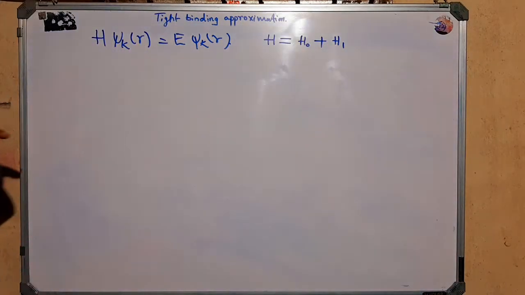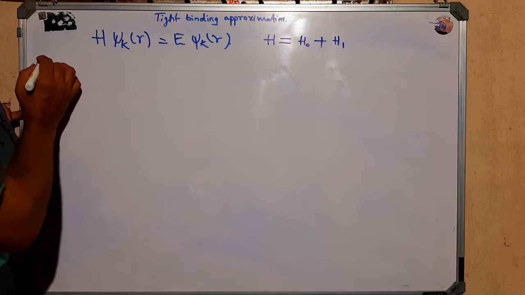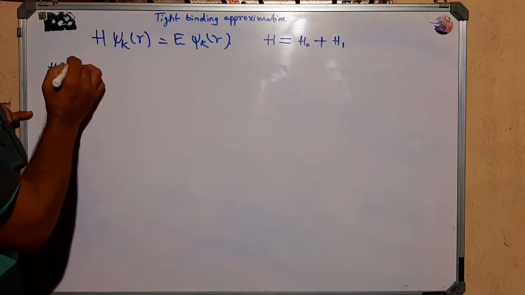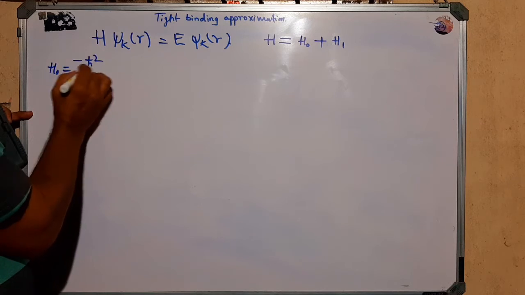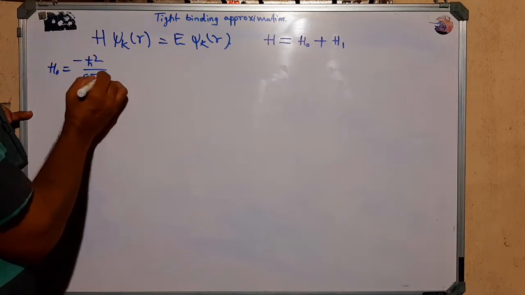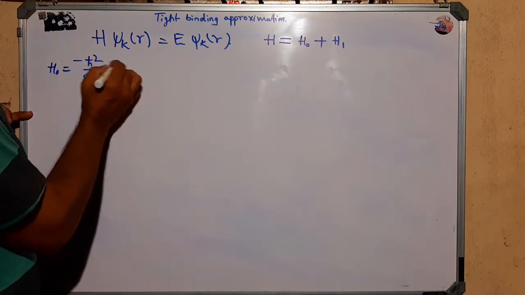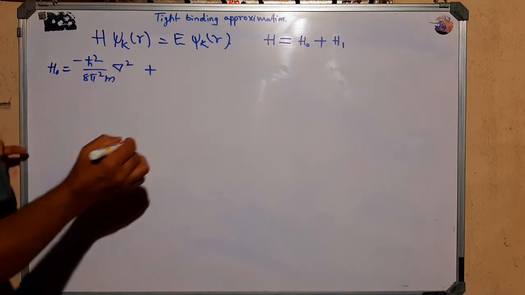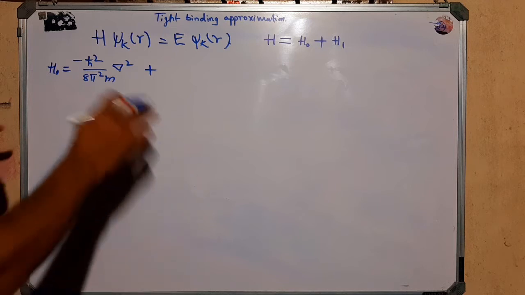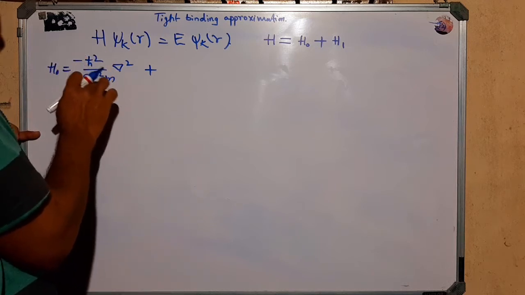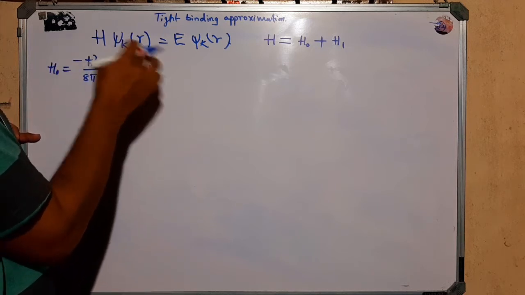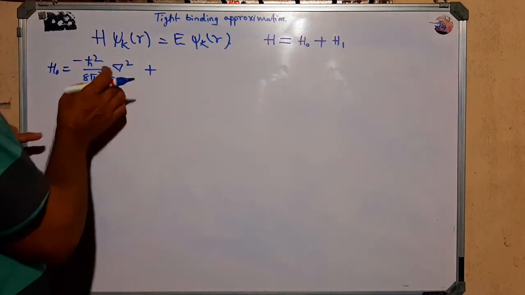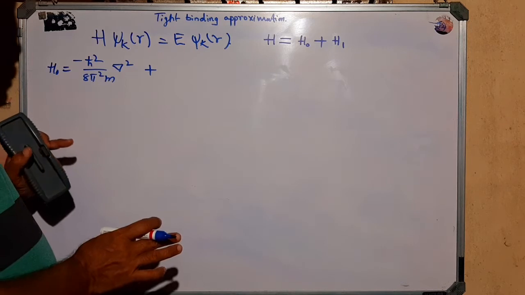What is H0? You have to recall the Schrodinger equation. H0 is nothing but minus h-bar squared by 8π²m times del squared, plus, actually the total Hamiltonian means minus h-bar squared by 8π²m del squared plus V(R), the potential energy, right? Kinetic energy plus potential energy.